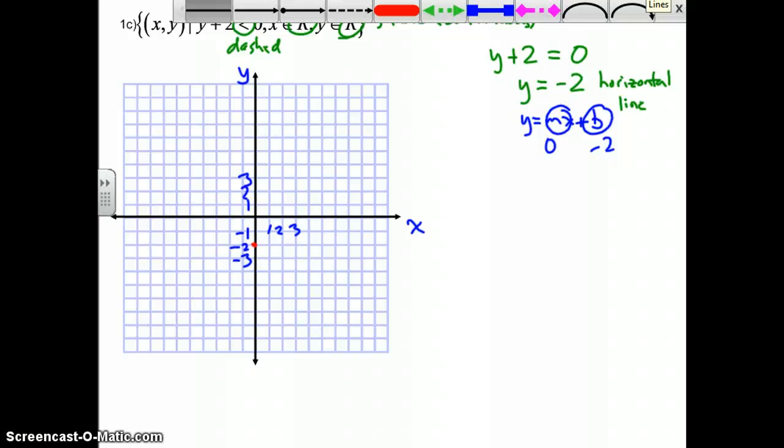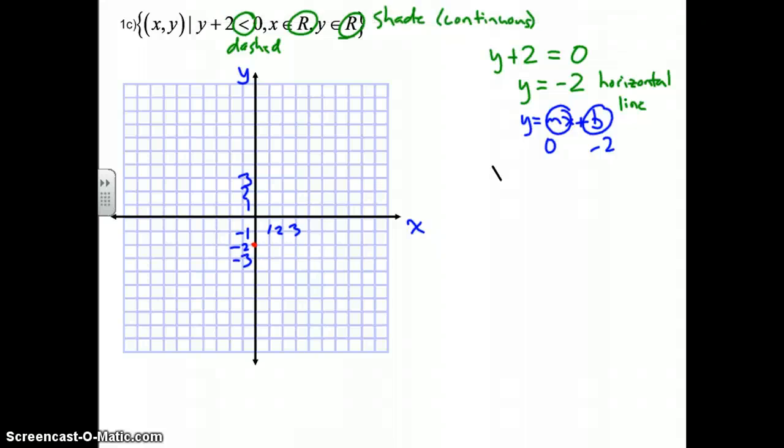Before we take our ruler and draw a line across the page, remember, this is a dashed line because it's not y plus 2 less than or equal to, it's just less than. That means things on our line are not solutions.